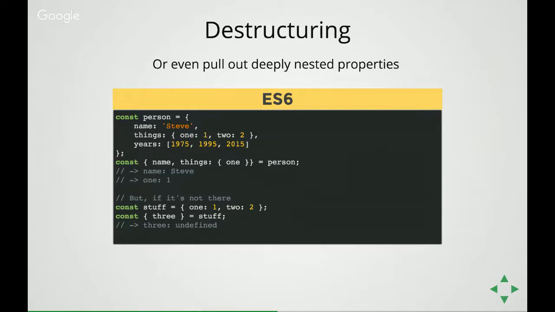With that first statement, right after that object declaration, I can get name and one from that object. Name obviously comes from name like we did before. For things, I'm saying from things, grab the following. So it's things colon, and now we're destructuring things in a nested fashion, and I'm going to get the property called one out of that.